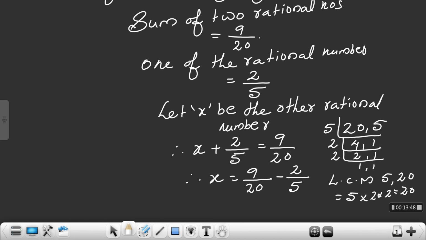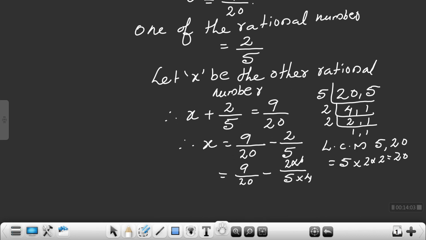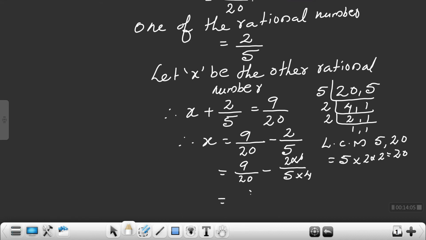LCM of 5 and 20 equals 20. Convert each denominator into 20. First rational number no change. 5 into 4, 2 into 4. That is 9 by 20 minus 8 by 20.